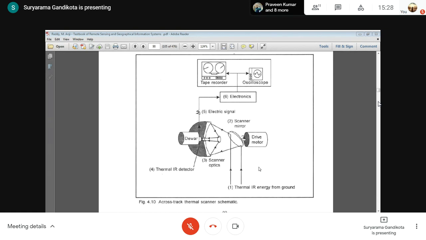A drive motor is there, and then the scanner optics will be there. And fourth one is a thermal infrared detector, which detects the thermal infrared energy, and from which an electrical signal will be passed to the electronic system, based on which the thermal energy is sensed.